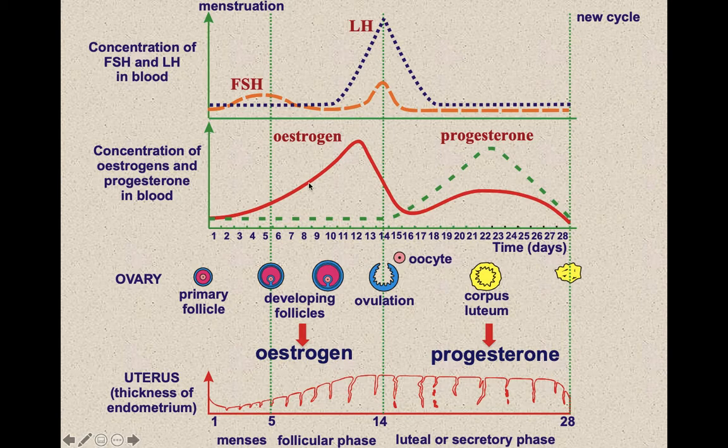Your estrogen level is signaling to the pituitary gland, hey, it's time to start producing a lot of LH, and that's what your pituitary gland does. So it produces a big peak of LH and also a smaller peak of FSH.